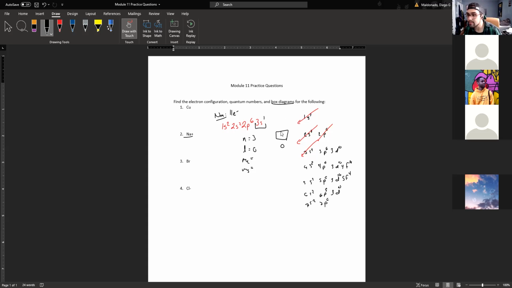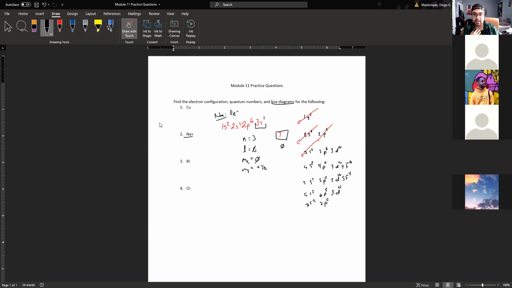And then how do I draw my electrons? Facing up for the first one, and am I done? Yes. So what's my ml? It'll be 0, and then it'll be positive half spin. Yes, positive 1/2. There you go. Awesome.